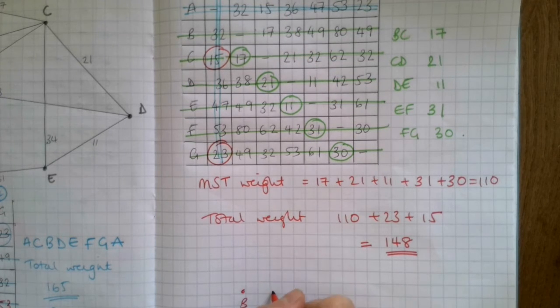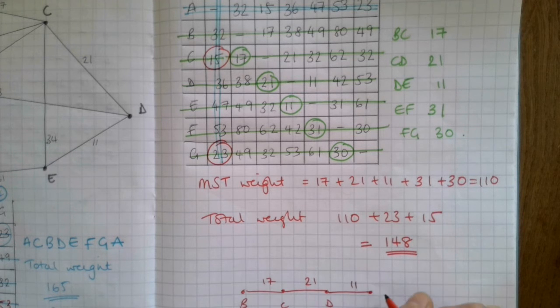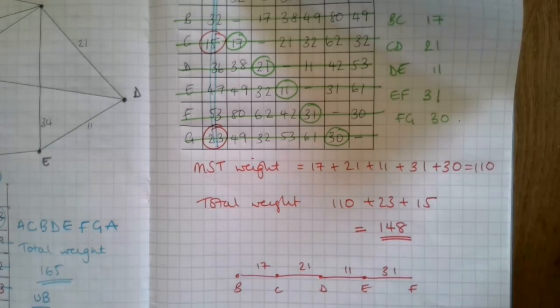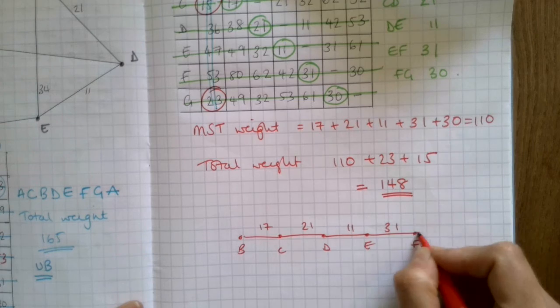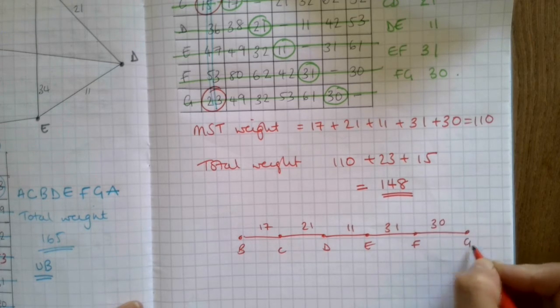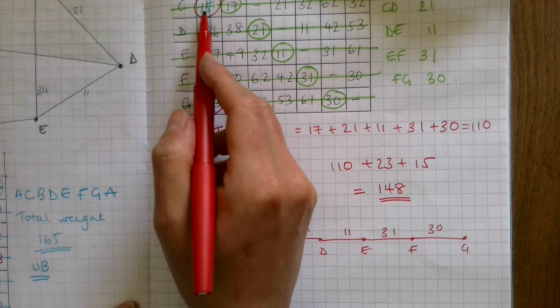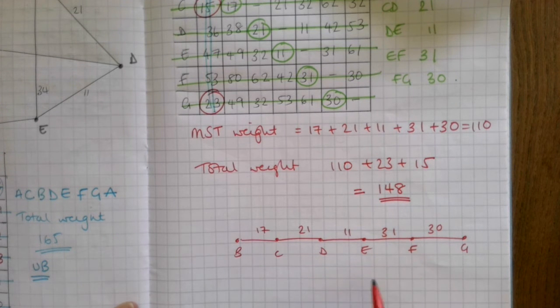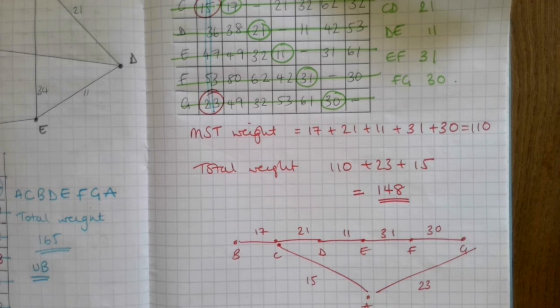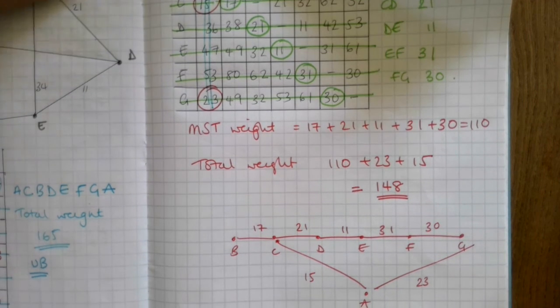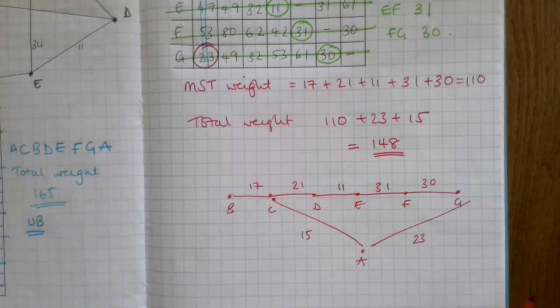So B, C, 17, C to D is 21, D to E is 11, E to F is 31, F to G is 30, and then we've joined in AC and AG as our extras.